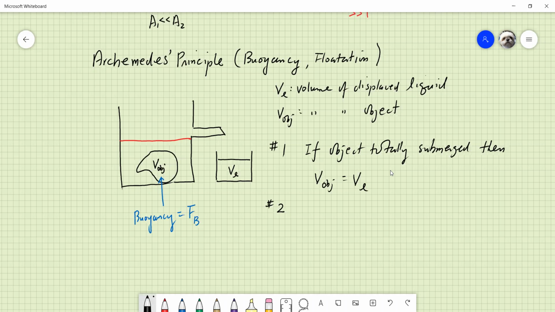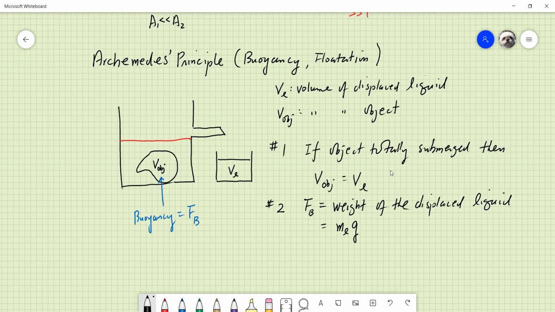According to the Archimedes principle, this buoyancy force should be equal to the weight of the displaced liquid. Now, what is the weight of the displaced liquid? It will be the mass of the displaced liquid times g.